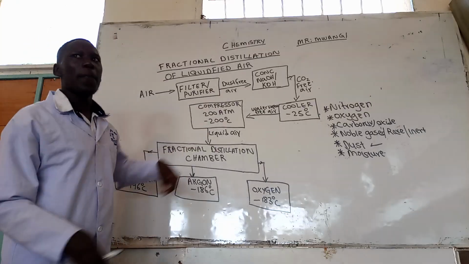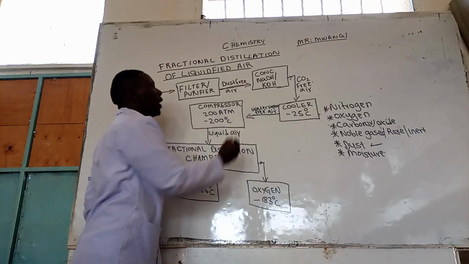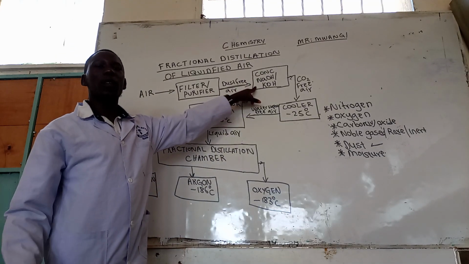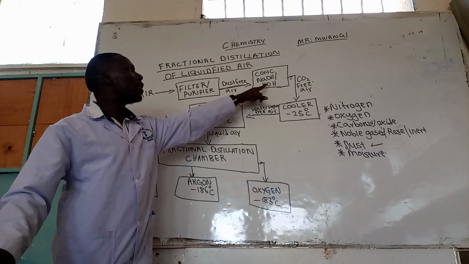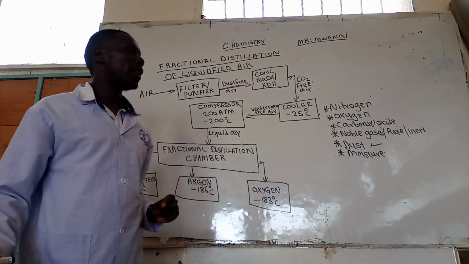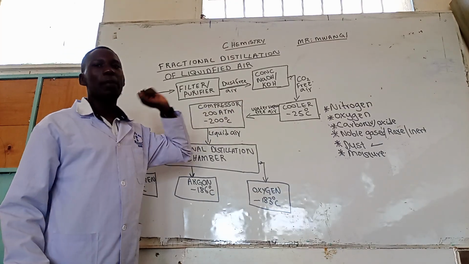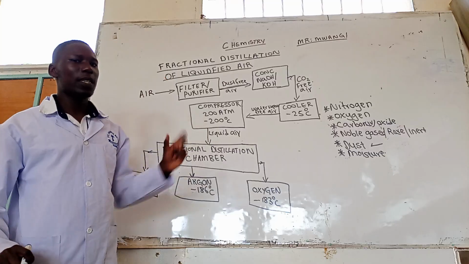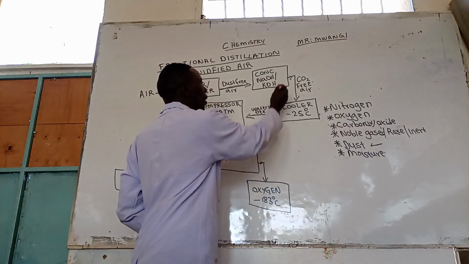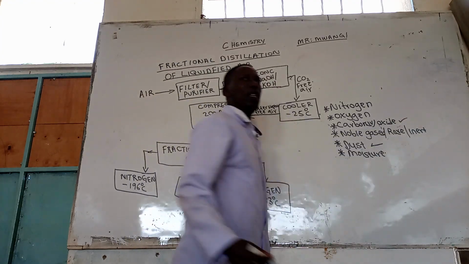Then from there, the air that is remaining with all other components is passed through this pipe to a chamber which contains concentrated sodium hydroxide or concentrated potassium hydroxide. This air passing through here is dust free, meaning it does not have dust particles. When it is taken here, carbon dioxide is removed.